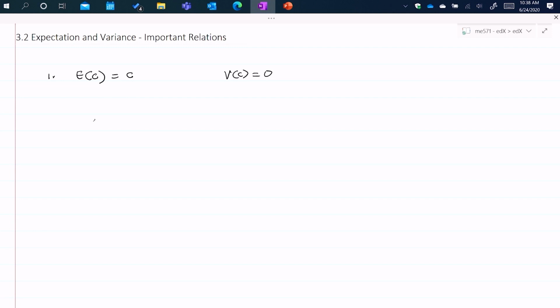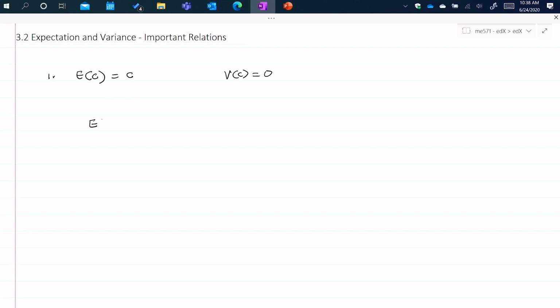In all of these derivations, we will use the fundamental property of the PDF, which is that the integral from minus infinity to plus infinity of the PDF is equal to 1. One way to interpret it, as I said in the previous module, is: what is the probability that x would lie between minus infinity and plus infinity? It's equal to 1.